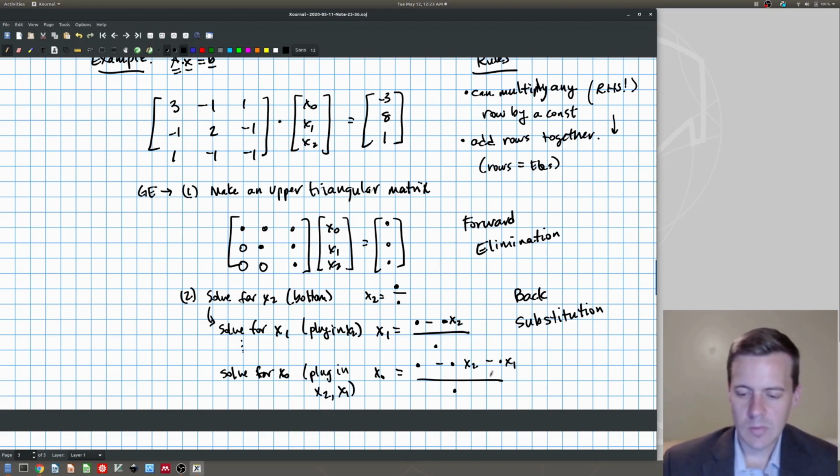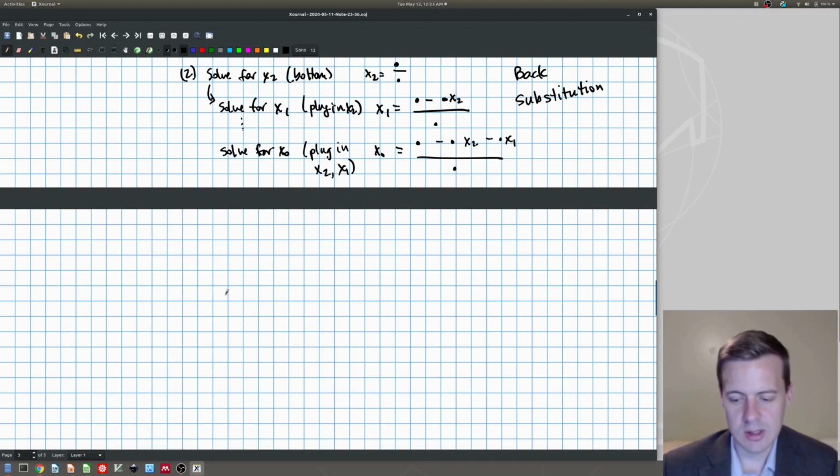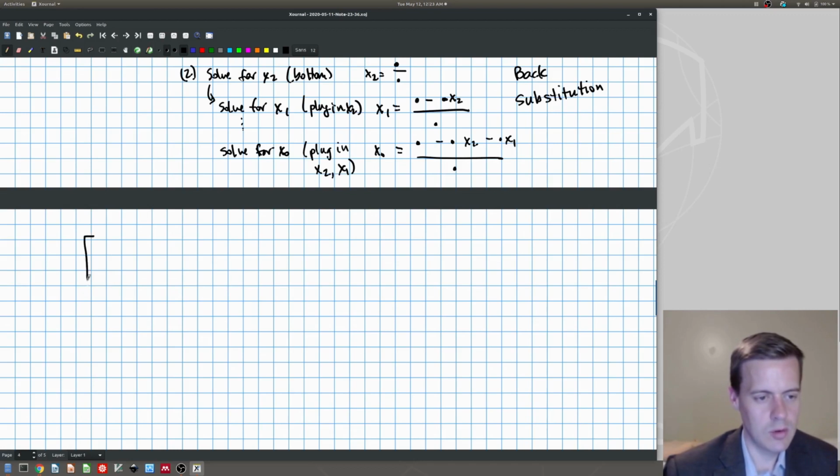All right, so let's do this for our example and do our practice here. I'm going to need to copy down my matrix again. So I have 3, minus 1, 1; minus 1, 2, minus 1; 1, minus 1, minus 1.